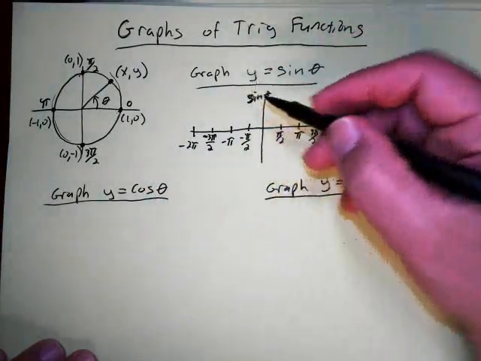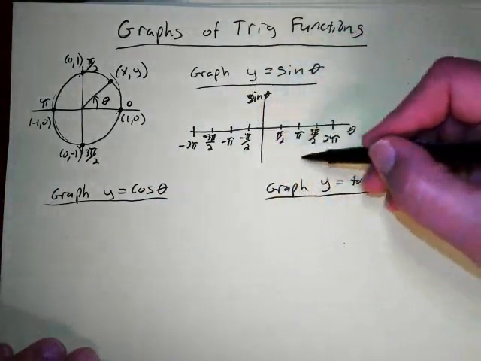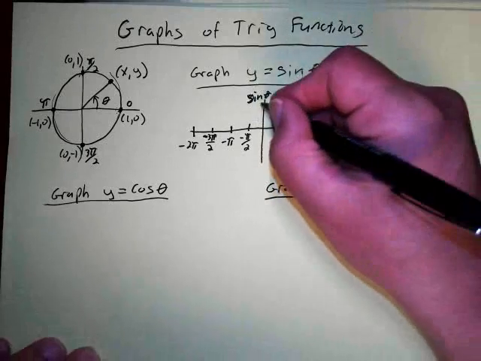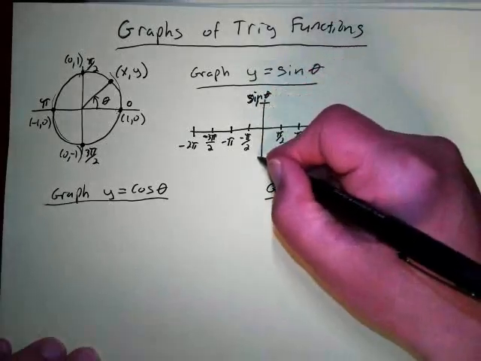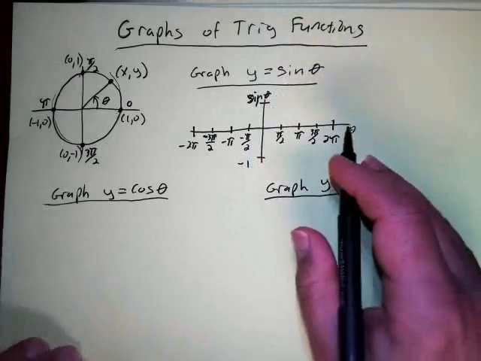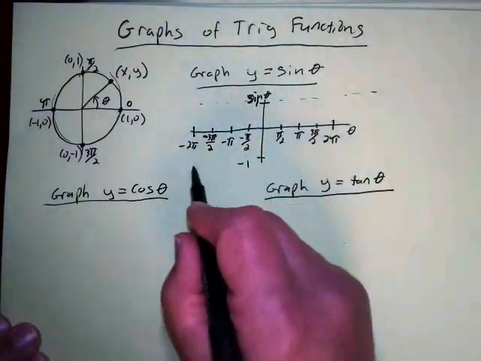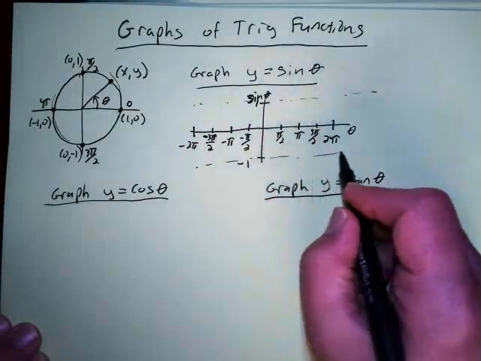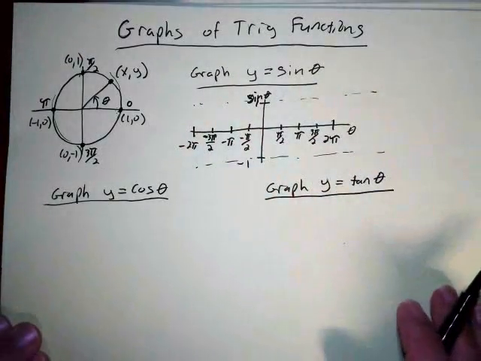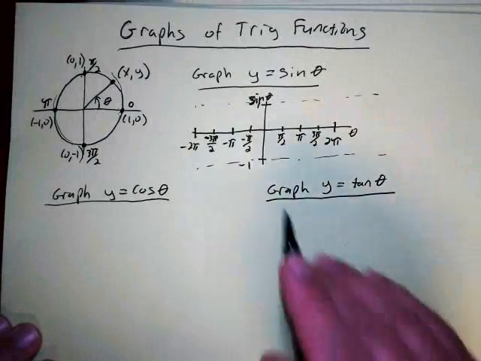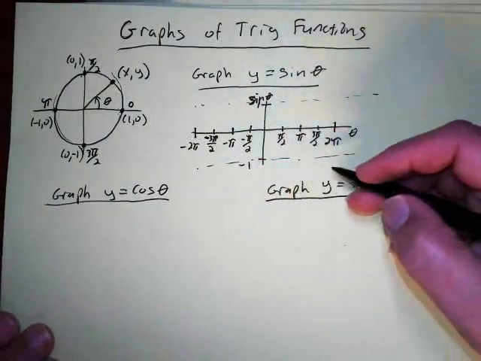Now the graph of sine is going to oscillate between negative 1 and 1. So I'll put 1 here, negative 1 down here. It's going to form a wave that oscillates up and down, and I can use dashed lines to represent the top and bottom of the wave.